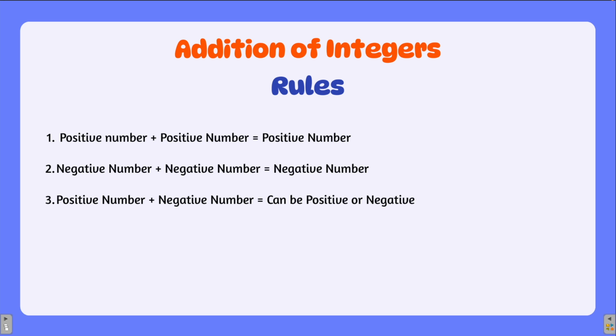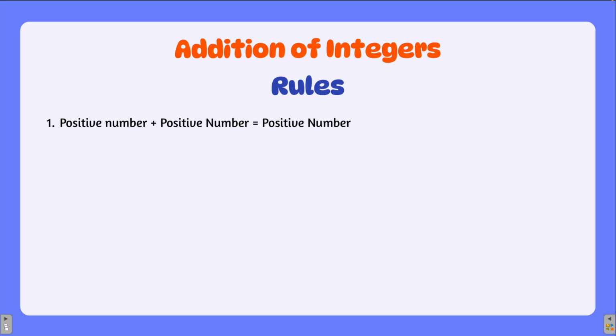We will start with rule number one, that is a positive integer plus a positive integer gives you a positive integer. Now, suppose we have these blue balls, and we want to add two numbers which are positive in nature, like 3 plus 5.